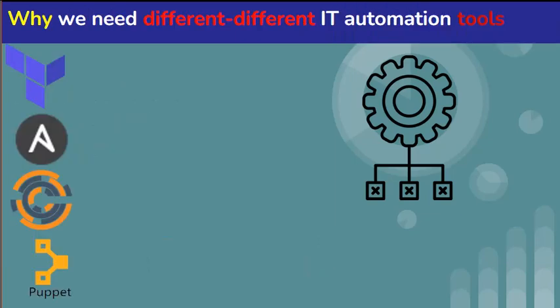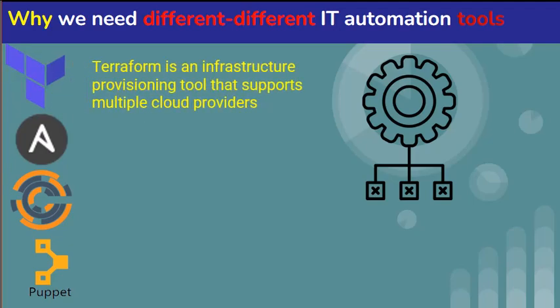All right. So here are some of the reasons, right? First, specialization. Different IT automation tools are designed to perform specific tasks or automate specific processes. For example, one tool may be designed for network automation, while another may be designed for security automation.